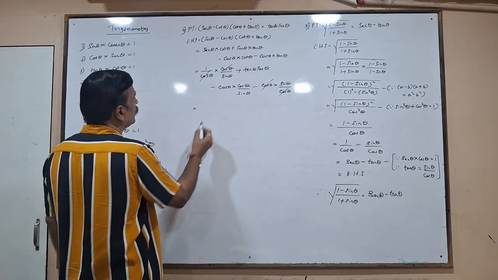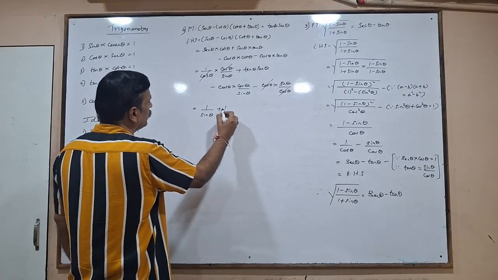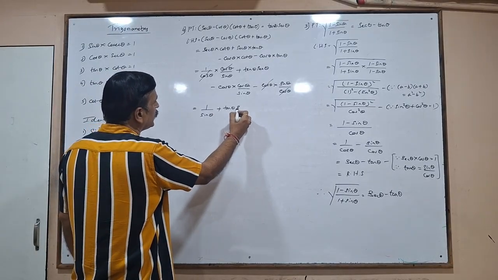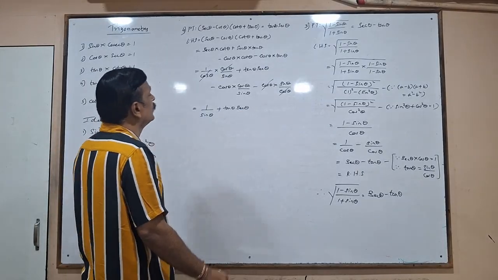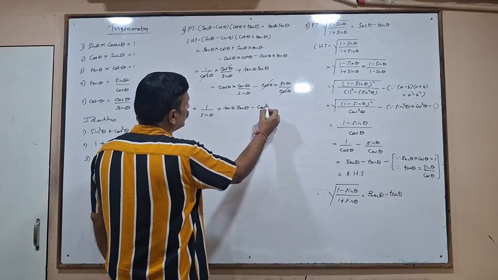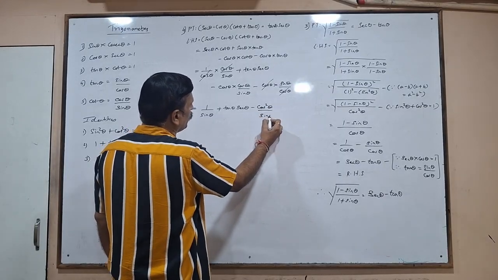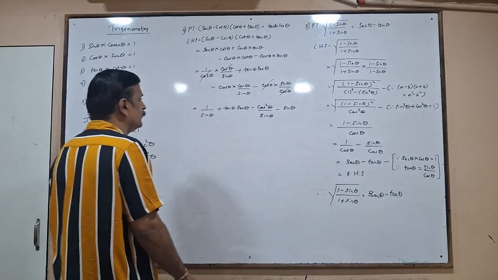So what we get now? 1 upon sin theta plus tan theta into sec theta minus cos square theta upon sin theta and minus sin theta.